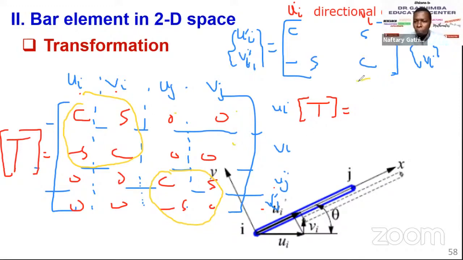So this will be composed of the transformation matrix for each node, T, 0, 0, T, where the first one is the transformation for node i and this is the transformation for node j. So this is the transformation matrix for the element, not just one node now. This is for the overall element.